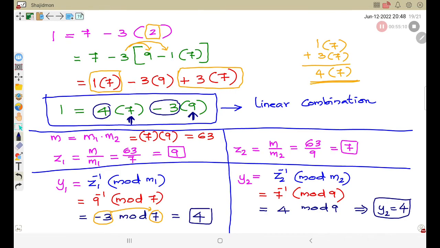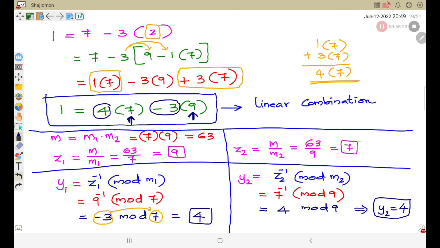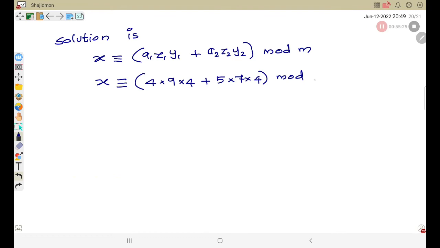So 5 multiply Z2, Y2. Z2 is 7, Y2 is 4. So 7 multiply 4, mod M number. What is M number here? 63, correct? So we can check 4 multiply 9 multiply 4 plus 5 multiply 7 multiply 4.